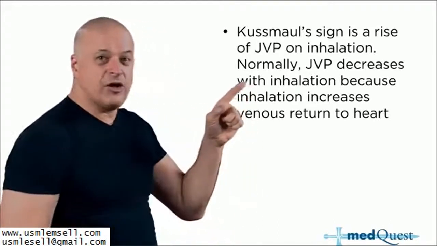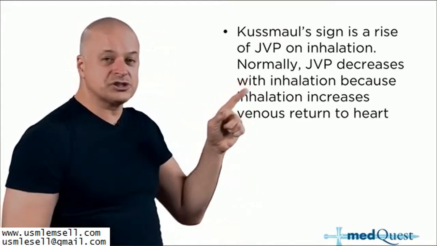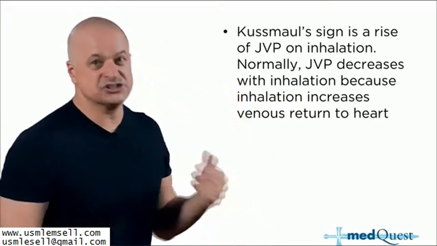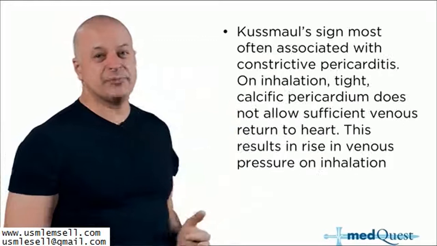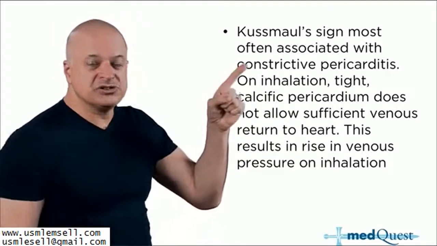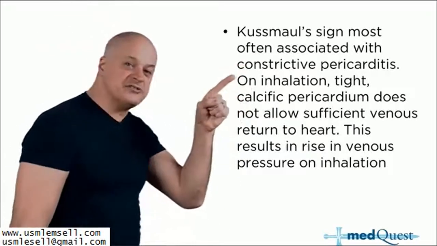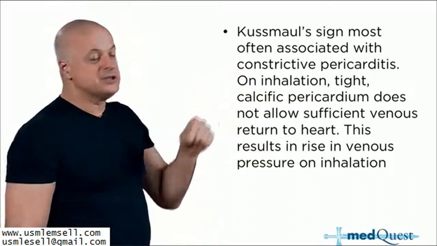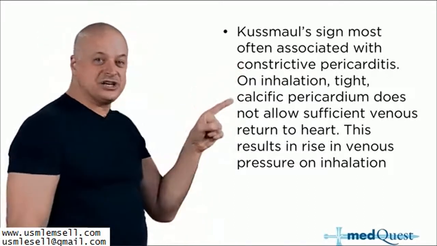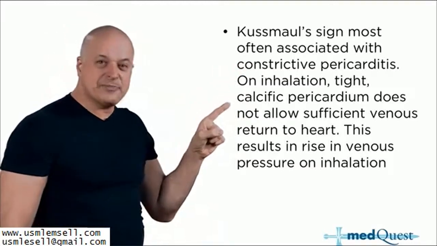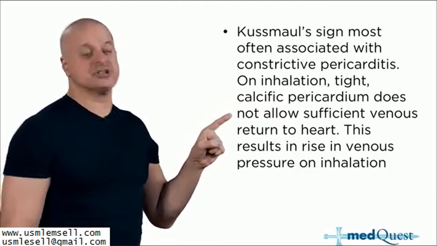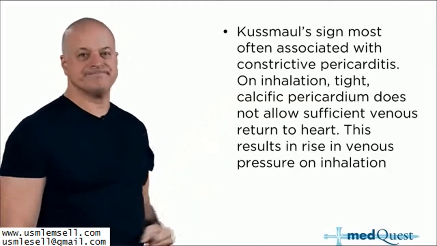When you inhale, the normal jugular venous pressure should decrease, and now it increases and goes up. That's the abnormality. Kussmaul's sign is associated with constrictive pericarditis, which is like wearing underwear 2 sizes too small. On inhalation, the tight pericardium doesn't allow blood to return to the heart.